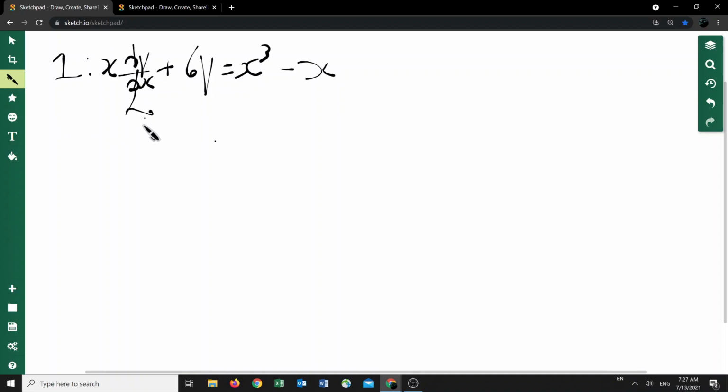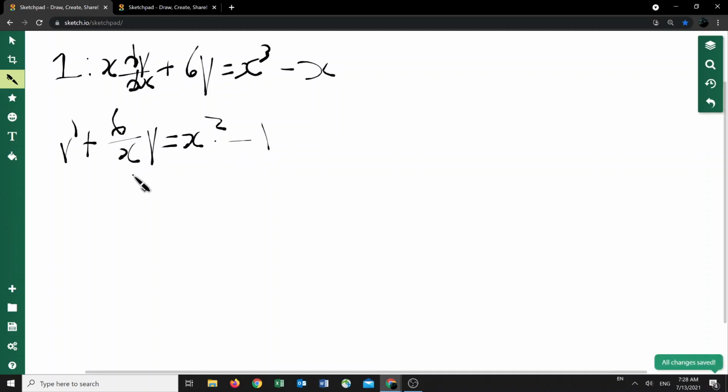I'm going to write this as y prime since it's quicker to write. After dividing by x, we have y prime plus 6 over x y equals x squared minus 1. Now recall that the second goal here is to find our integrating factor, which is mu of x equals e to the integral of f of x.